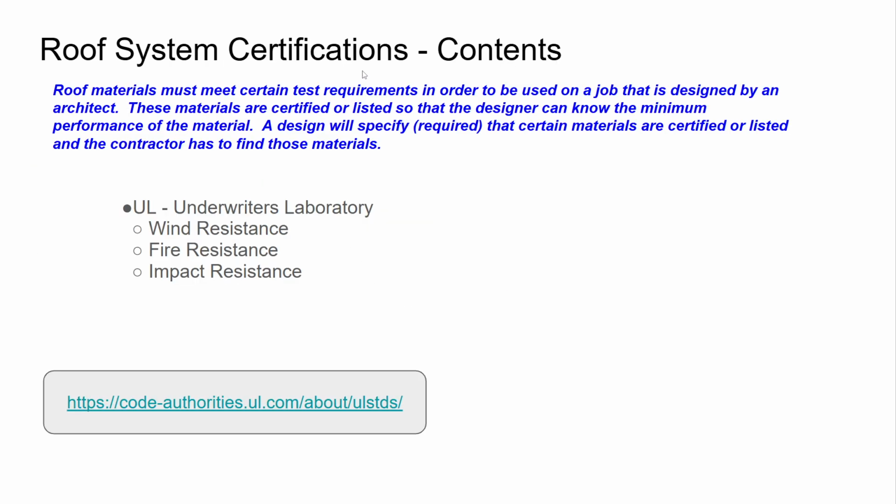Let's talk about certifications. Roofing materials have to meet certain test requirements. They have to be tested. Now we have Underwriters Laboratory and Factory Mutual and some others that do this testing, and they certify a manufacturer of certain types of materials to have a wind resistance, fire resistance, impact resistance.